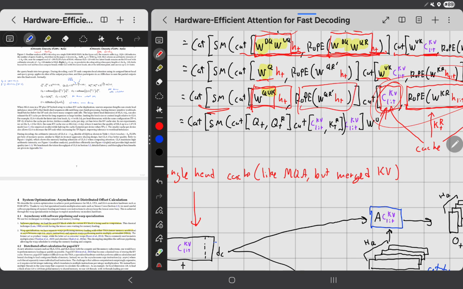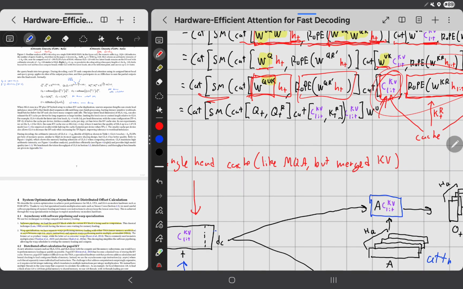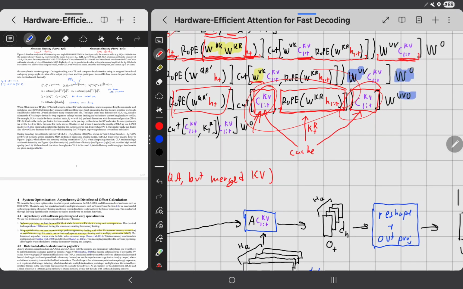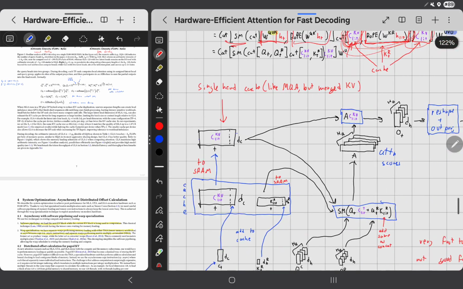Same for the rope. So yeah, this is just me quickly going through how you would get to the inference procedure, but all that to say, you're storing these two matrices here. This tied KV and this rope piece that's not part of that matrix.